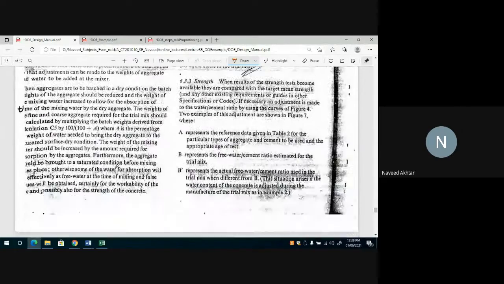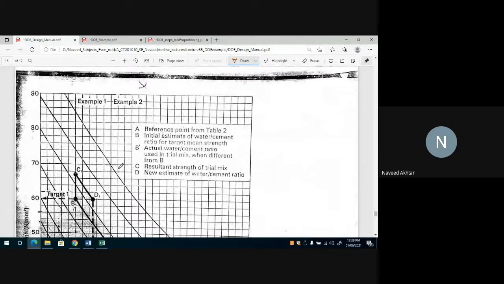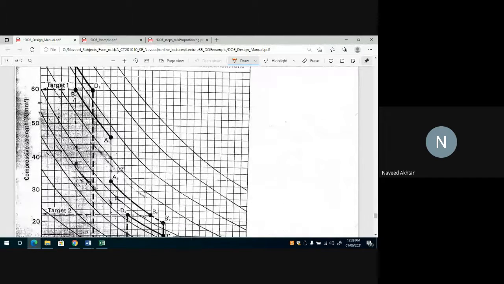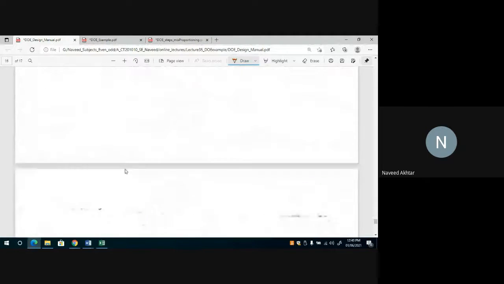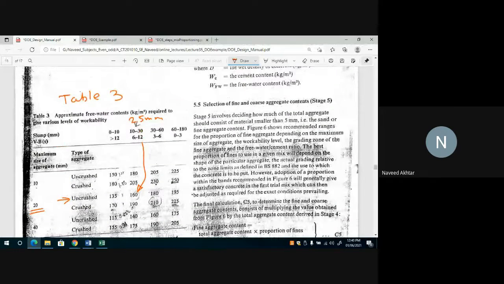Matching material density strength. Here maybe it is given. Selection of fine and coarse aggregate content.